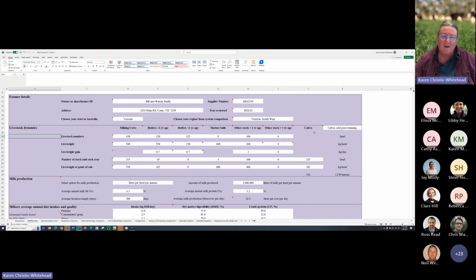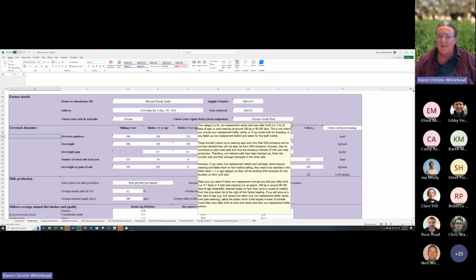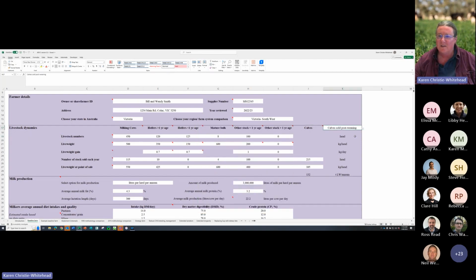What we've done with version 5 is we've looked at introducing that meat emissions intensity. We want to know, of all your stock, how much meat has come off the farm. We've now got this column around our calves, your unweaned calves.